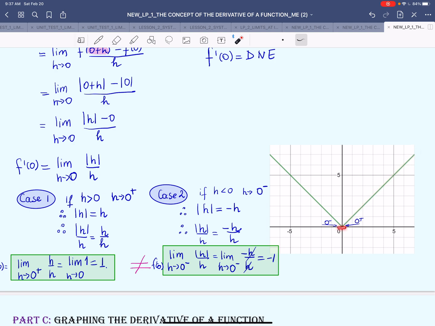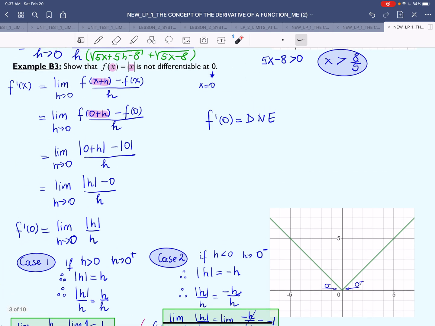So that makes it impossible for us to draw a tangent at this point, because the left and the right would need to be approximately the same limit, right? So that would be undefined. Now, that's why we say that the function is non-differentiable at 0.